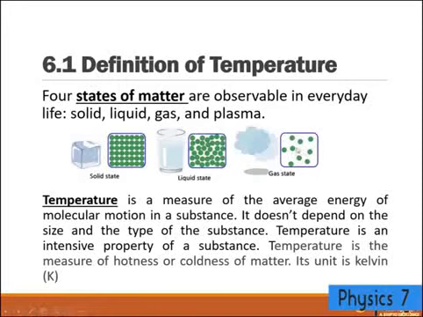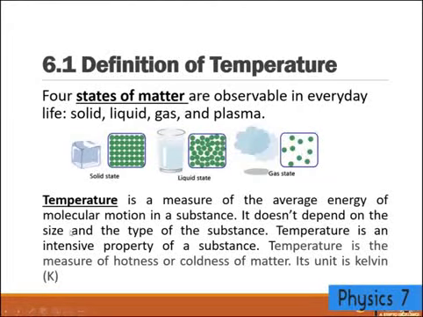Now, when we talk about temperature, we're really talking about the hotness or the coldness of an object. And this is due to the average kinetic energy of the particles. In other words, the particles within that substance, as they move around with motion in all directions, are going to have kinetic energy.